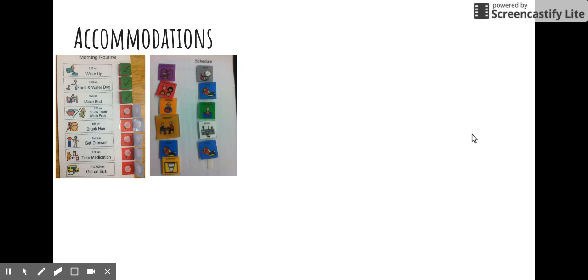Okay, the first accommodation I have is visual schedules. Visual schedules are very powerful. They can help students, especially kids that can be anxious and want to know what's going on during the day. They can be very beneficial if they are used the way they're supposed to be used. When you do a visual schedule, either for home or for school, you don't just give the student their schedule and that's it.